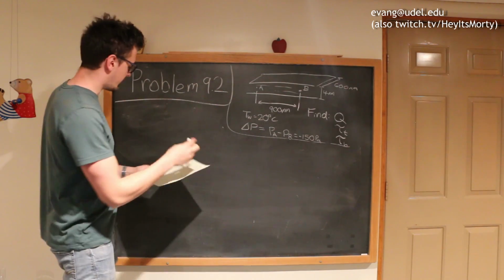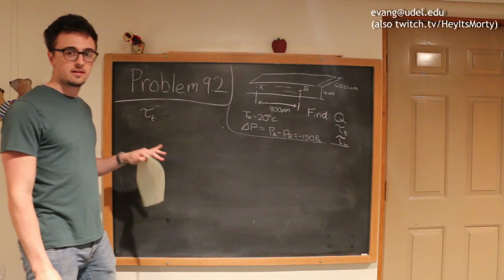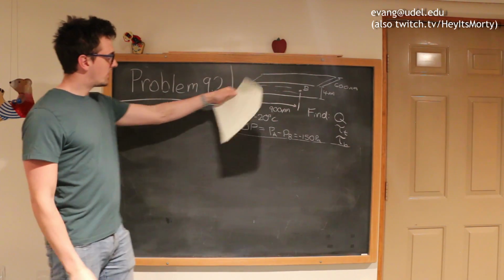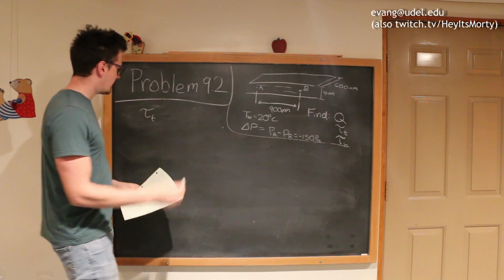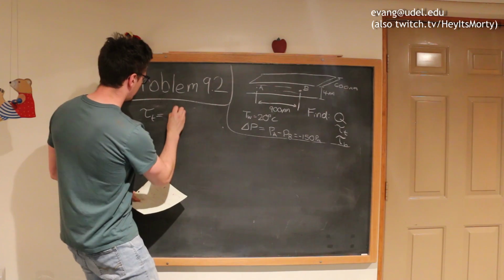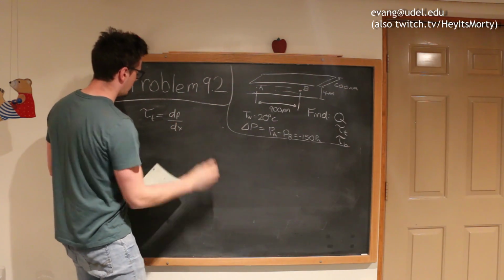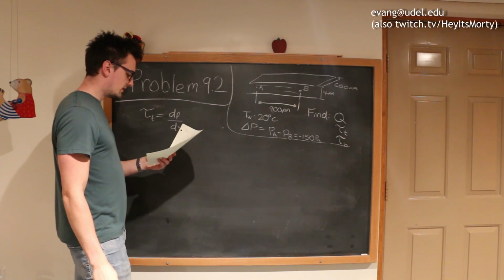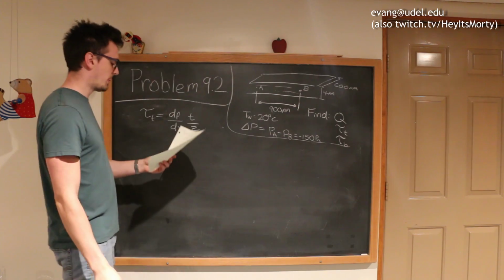Now we're going to find the magnitude of the shear stress on the top plate, and we're going to use a new relation to find that. It's pretty simple: dP over dx times t over 2.